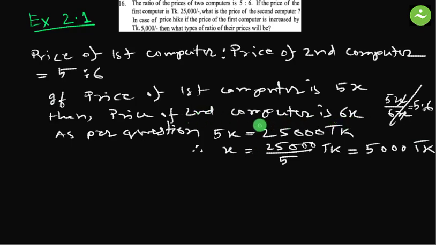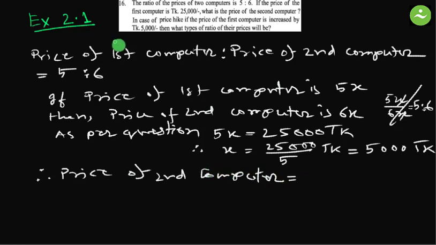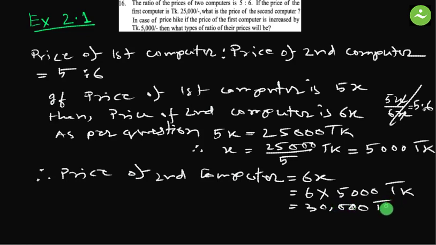That is the price of second computer. Therefore, price of second computer, we know it is 6x, equals 6 multiply 5,000 taka equals 30,000 taka. So we got the answer to the first question.